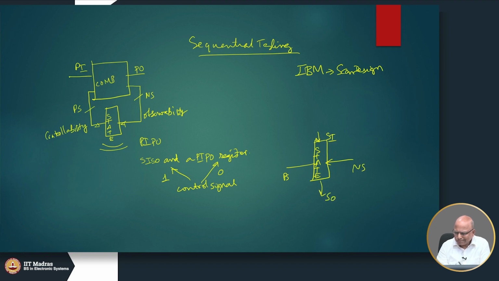And this is my combinational logic, and as before this goes here and this goes here, and these are my primary inputs and these are my primary outputs. So, there is a small change in the register. Let us assume that there are n bits here, that means there are n flip flops.